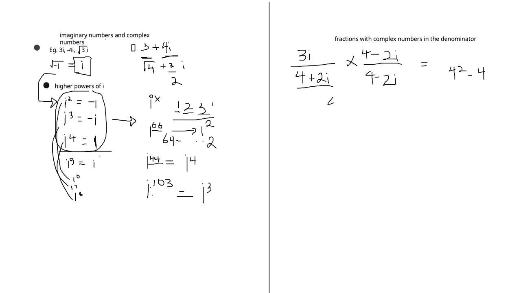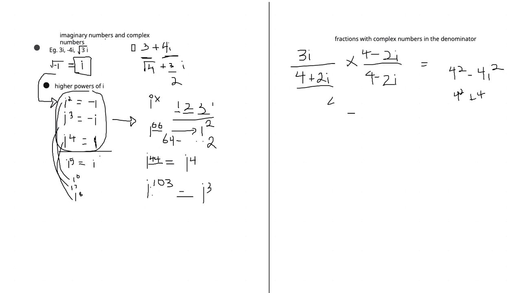Now you know your i squared is negative 1. So it means it will be 4 times negative 1, which is positive 4. So it will be 4 squared plus 4. And you know 4 squared is 16, plus 4 is 20. So here we would have 20 in the denominator.